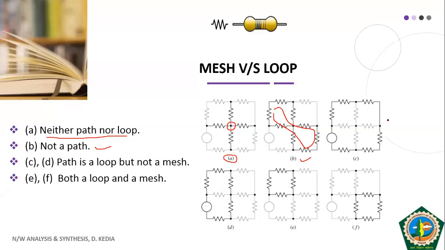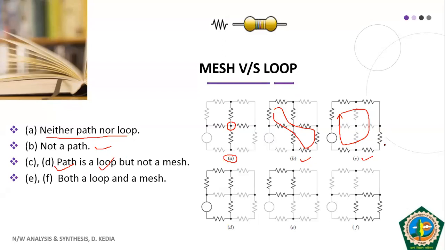Now let us move to figure C. Here you can see that there is a closed path. We are not traversing any node twice, so this is a path, and since it is a closed path, we call it a loop.